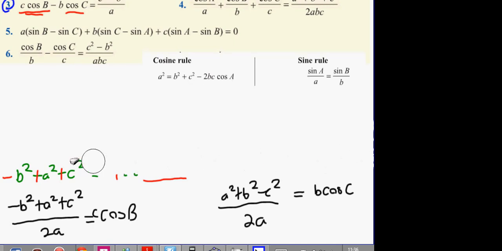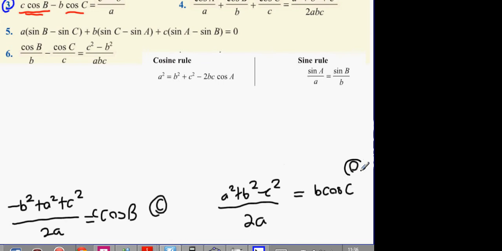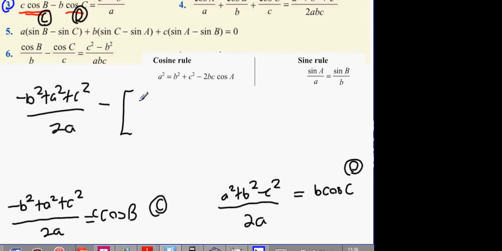What I'm simply going to do is replace each one with these equations C and D. This one here is equation C, this one here is equation D. So equation C is minus B squared plus A squared plus C squared all over 2A. This one here is minus brackets A squared plus B squared minus C squared all over 2A.